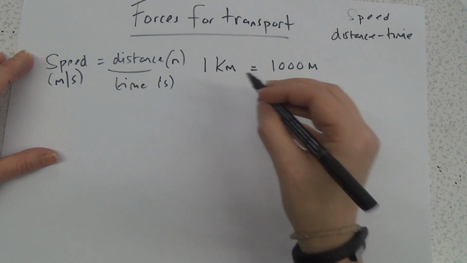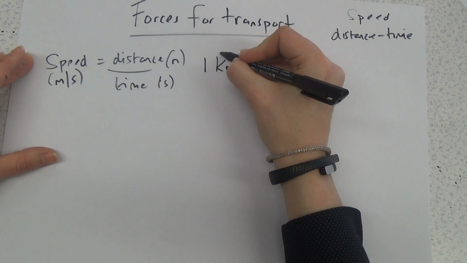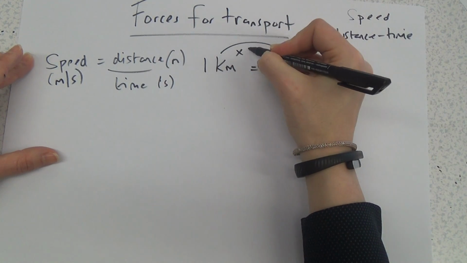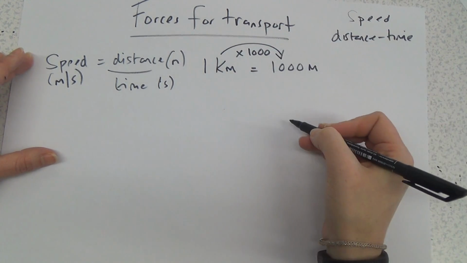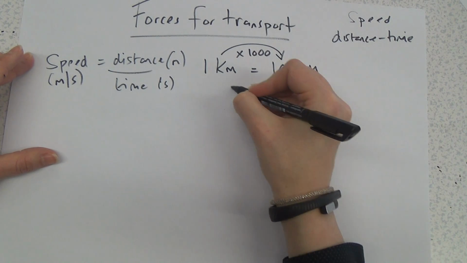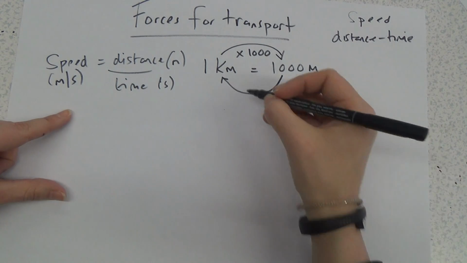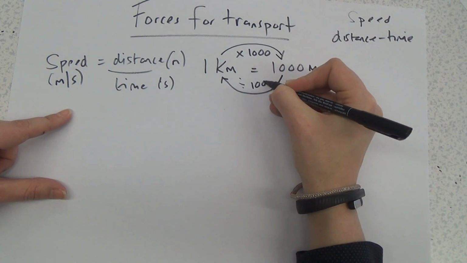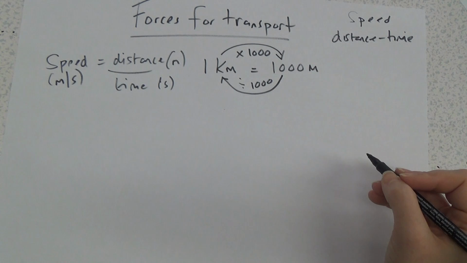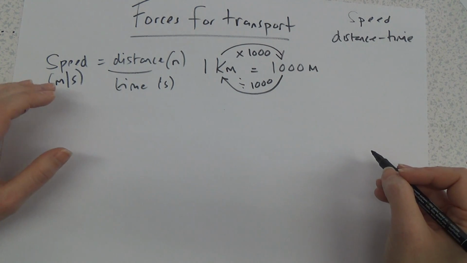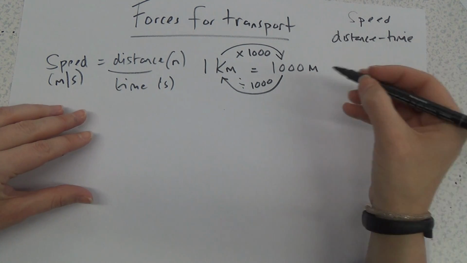When you go from kilometres to metres, you multiply by 1,000. And when you go from metres to kilometres, you divide by 1,000.